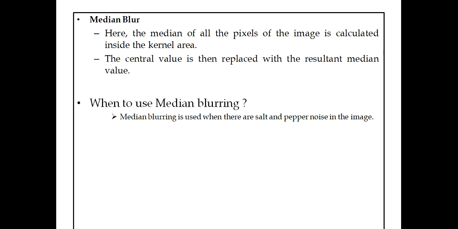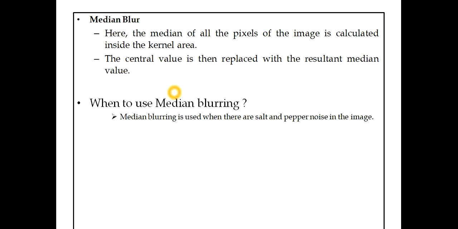So we are replacing the central value with the median that we have just found inside the kernel area. That's the whole concept behind the median blur. First, the median of all the pixels is calculated inside the kernel area. Then you replace the central value with the resultant median value.